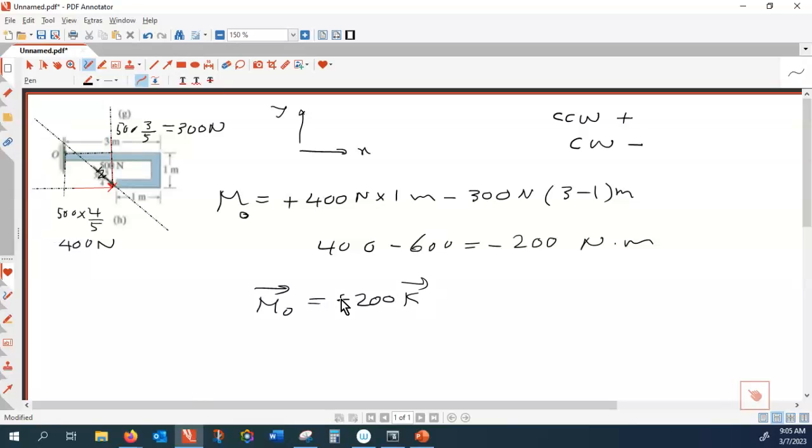So right hand, your 4 fingers go from x to y, and your thumb shows the direction of moment, which is projecting out of the plane. So in clockwise, you go from x to y, your thumb is in positive z. That's plus 200k as a vector. Everyone can see? All right? Hopefully we get there.